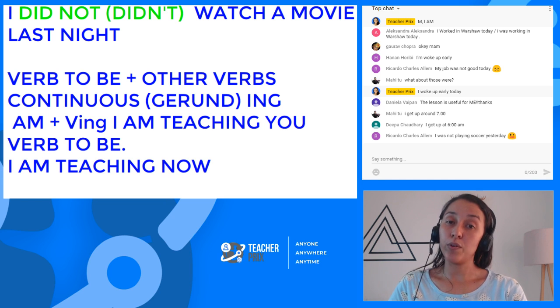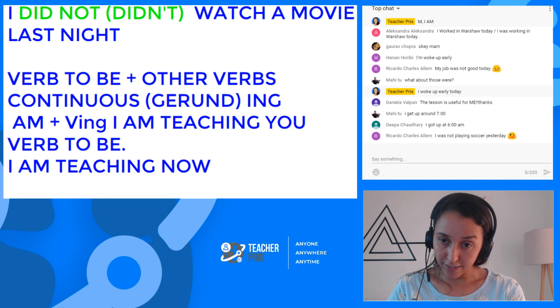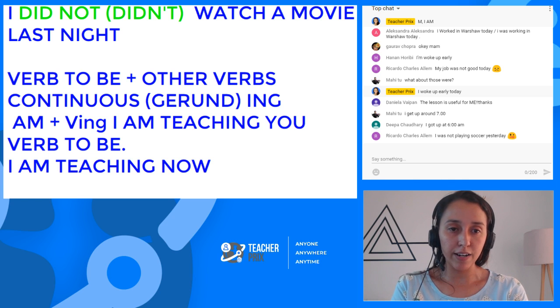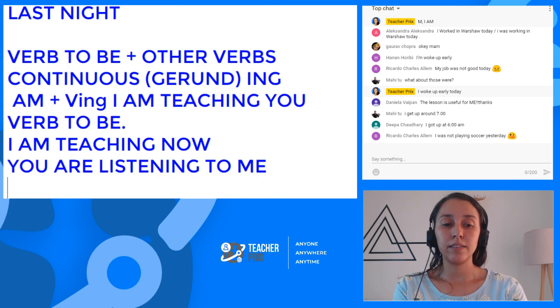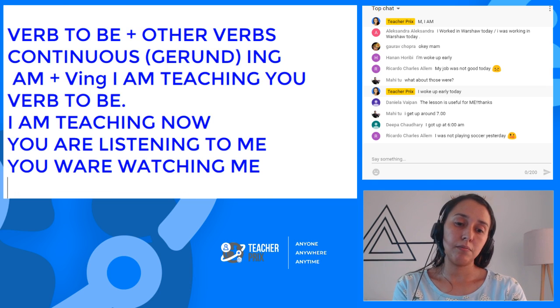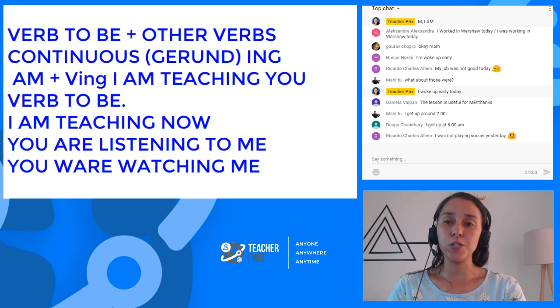Well, if you are a teacher, because if you're not a teacher, you're not teaching, you are learning now. Then it would be fine. You, for example, right now, you are listening to me. You are watching me, then it would be okay too.